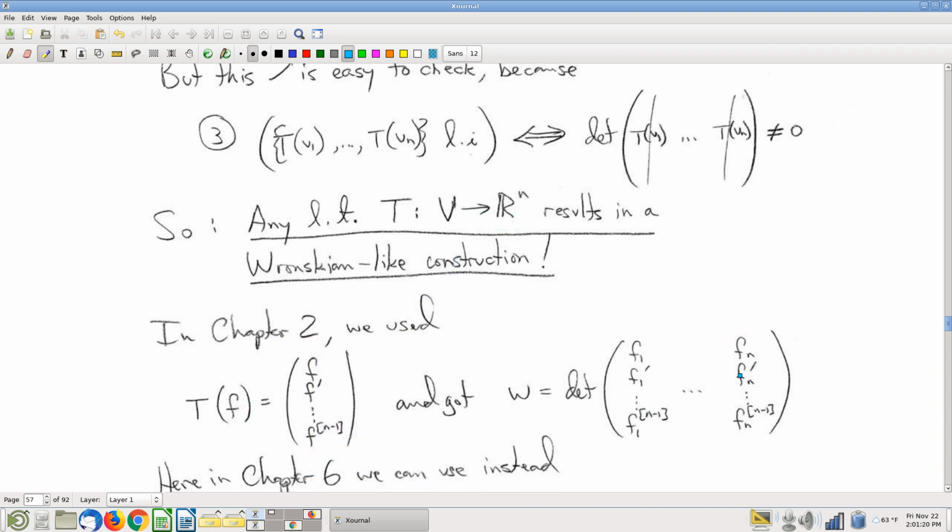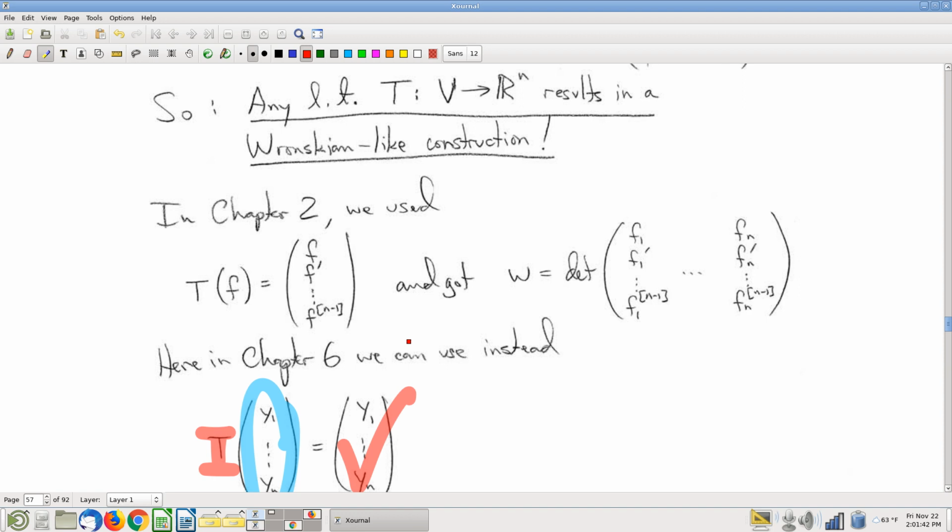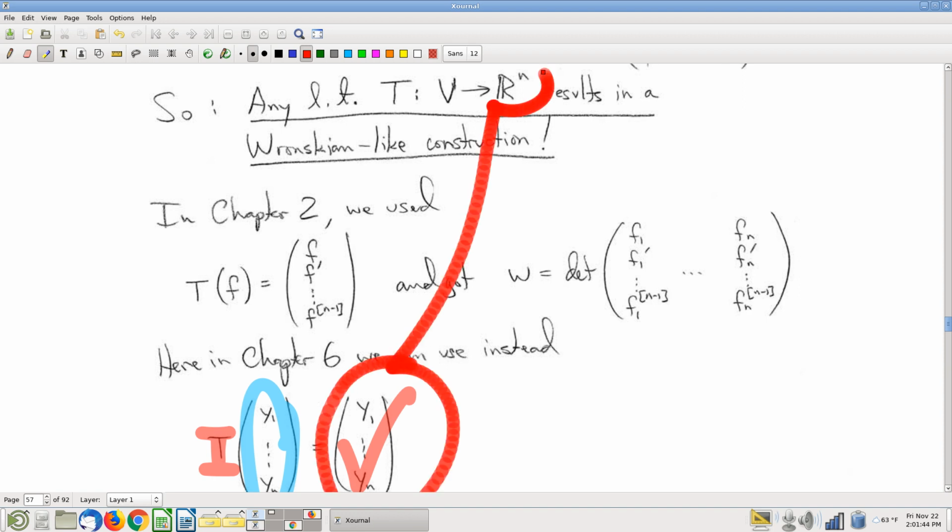So here we are in Chapter 6, and the functions that we are interested in dealing with, they're already vector-valued. So I don't have to do anything to them. Or you might say, I apply the linear transformation, which is the identity transformation. And lo and behold, vector valued, right? We have vectors that come out because, of course, vectors went in. Right? So that's the big idea.